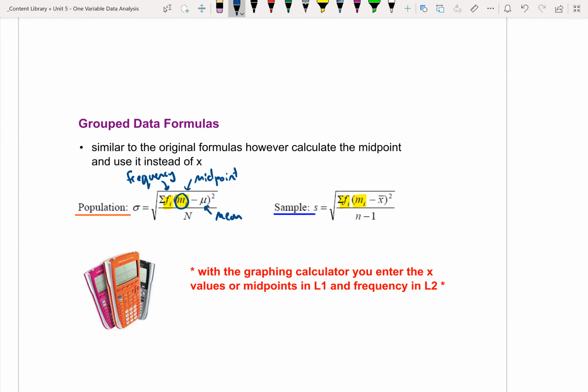Because it would be the same thing as doing the value minus the mean, squaring it, but then multiplying it by how many times that occurs. It could be the same thing as doing that data value over and over again for the number of times it occurs. And it's the exact same thing with the sample. Our mean, our frequency, and our midpoint.